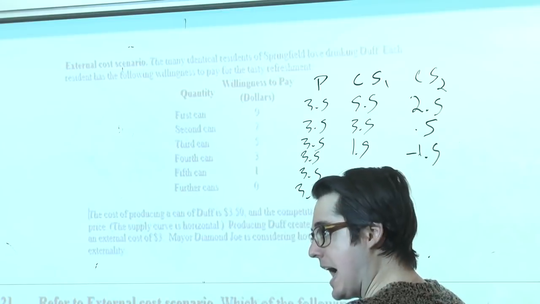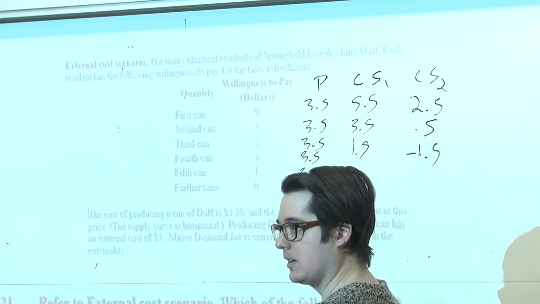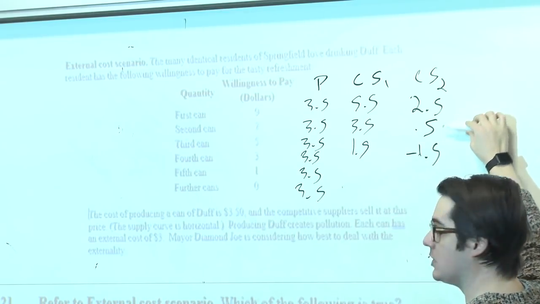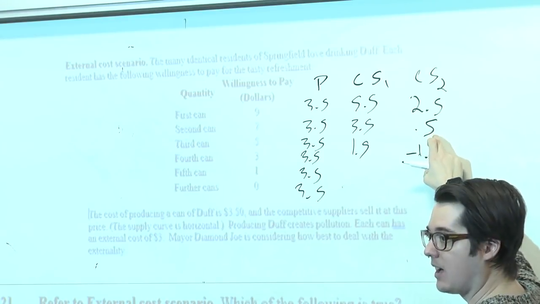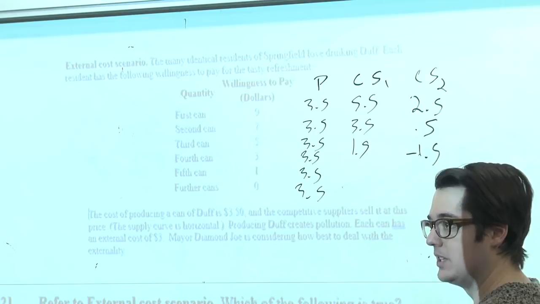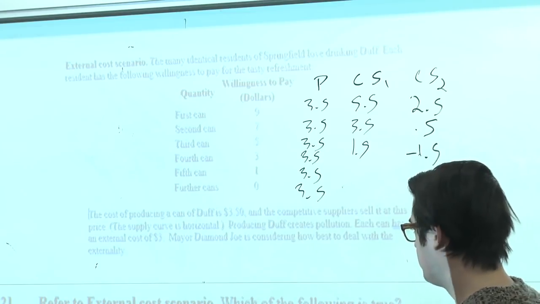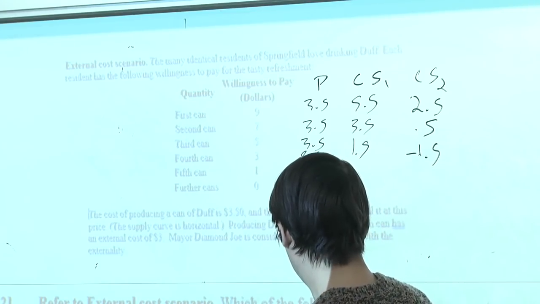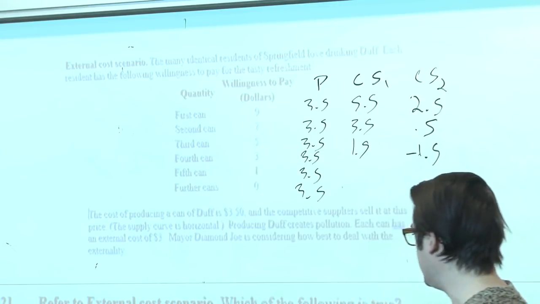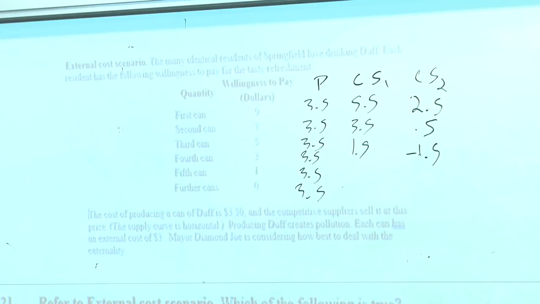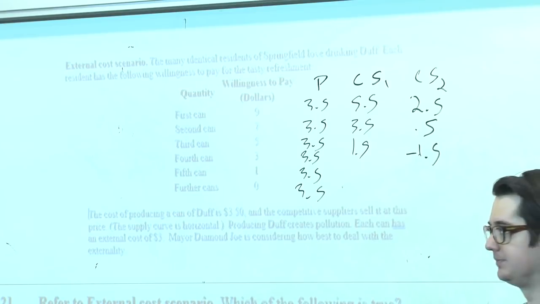If, for instance, we added a $3 tax per beer, then we would only consume these first 2 beers. And we would save society a deadweight loss of $1.50 per person. So B: a corrective tax of $3 per can would increase total surplus by $1.50 per person.